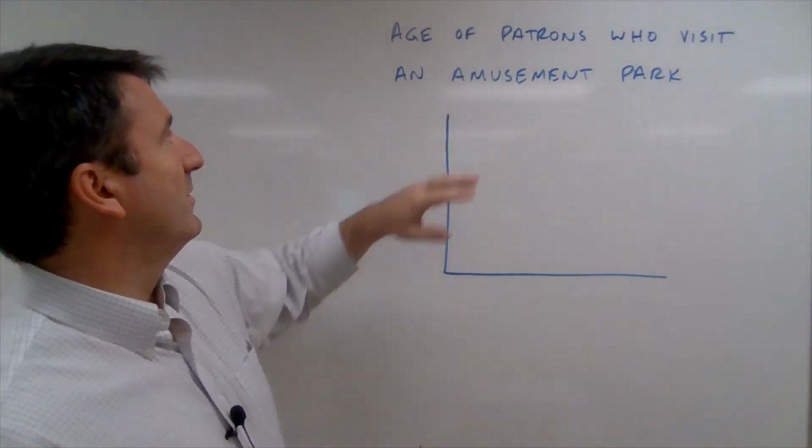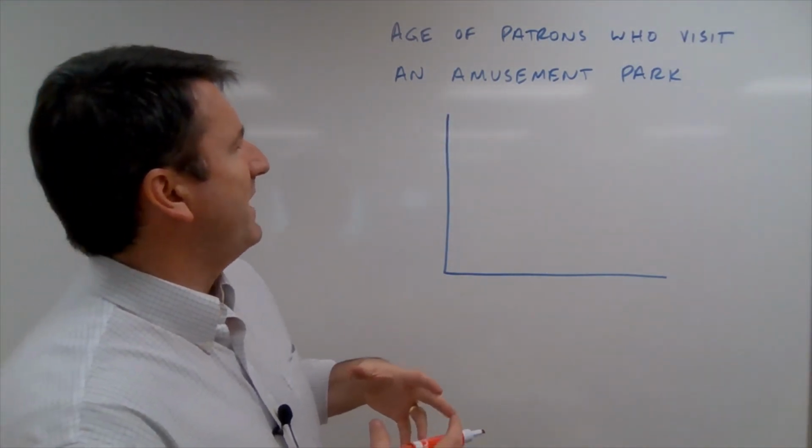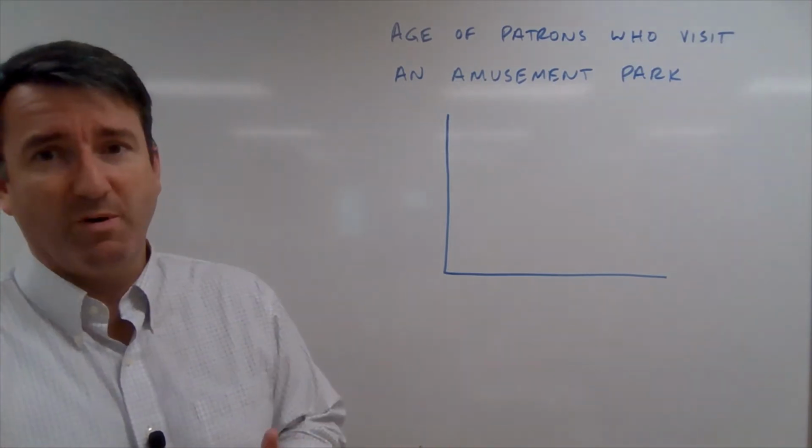So for our first example, we have ages of patrons who visit an amusement park.